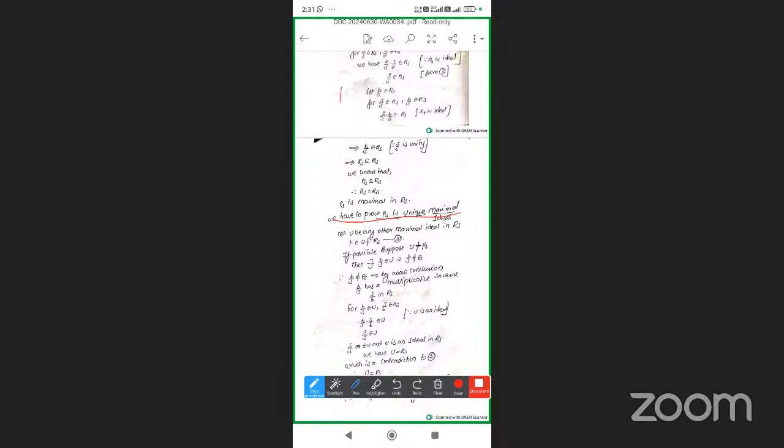Already PS is maximal in RS. We have to prove that PS is a unique maximal ideal.